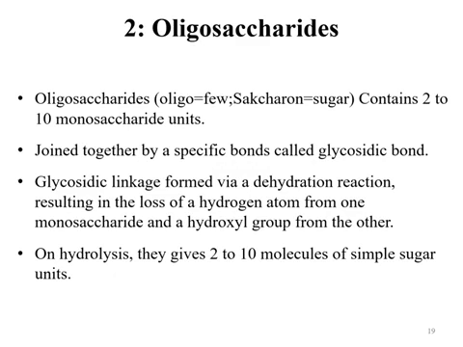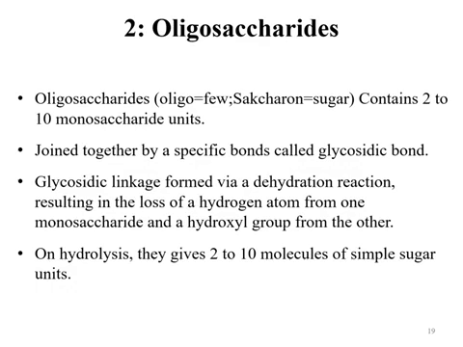The second important category of carbohydrates is named oligosaccharides. Oligo means few and saccharide means sugar. So these are compounds which contain 2 to 10 monosaccharide units joined by a specific bond called a glycosidic bond.